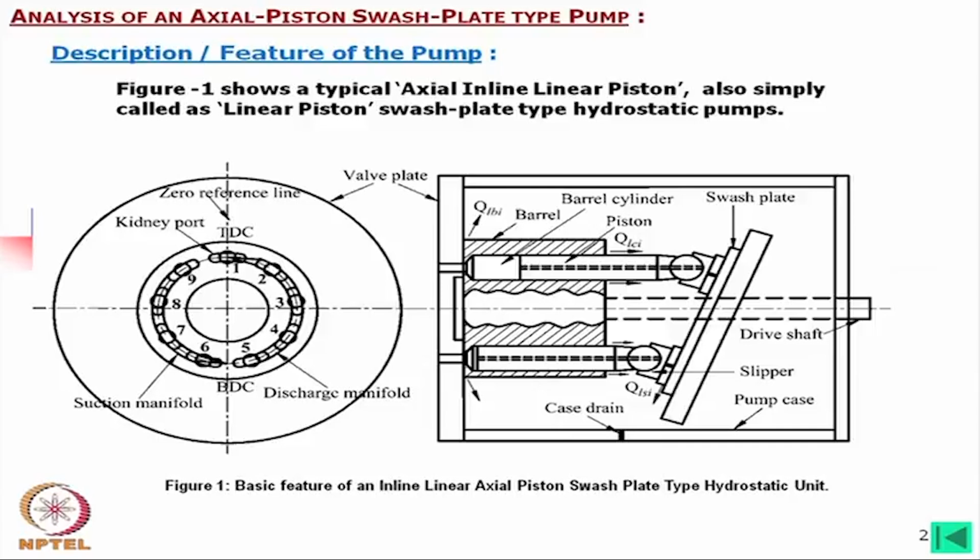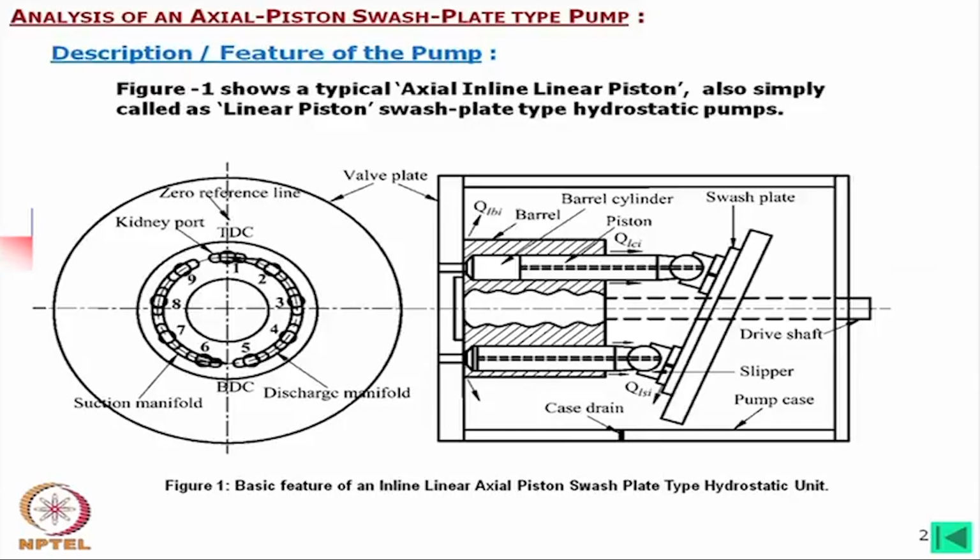Now, here in figure 1, what I have shown is a typical axial inline linear piston, which is simply called linear piston swash plate type hydrostatic pumps. Now, why is it axial inline linear pistons? First of all, axial means you will find that the pistons are parallel to the axis of the shaft.